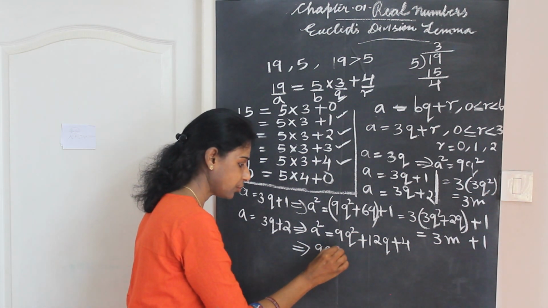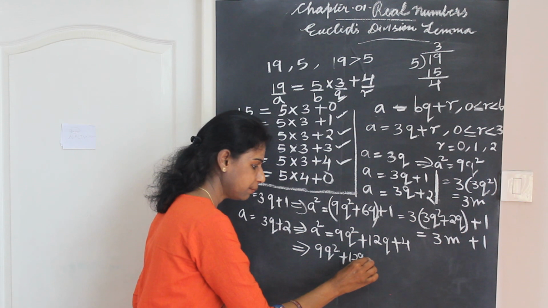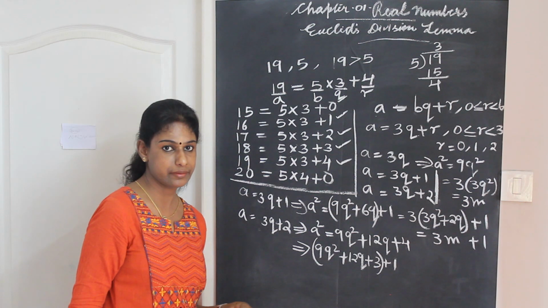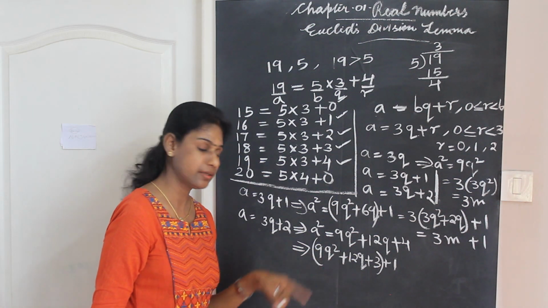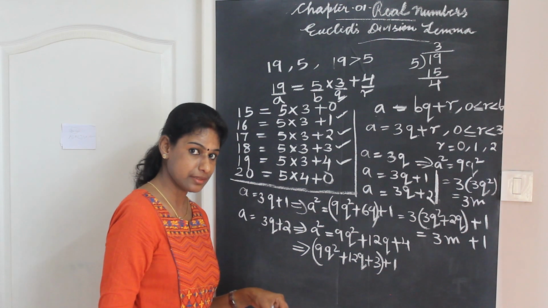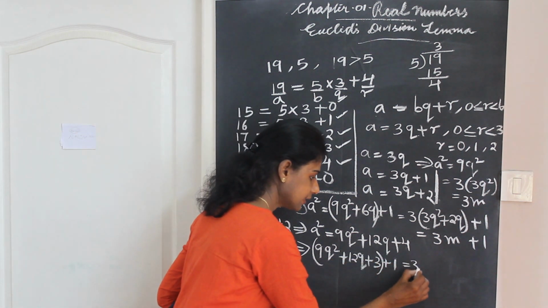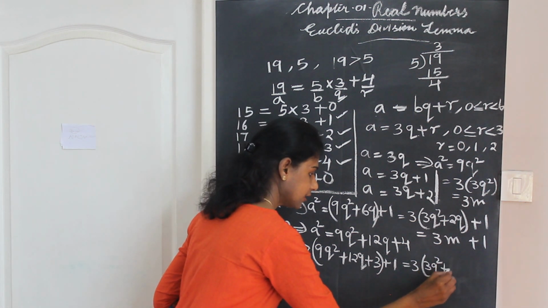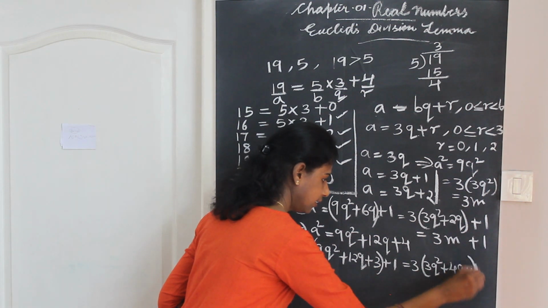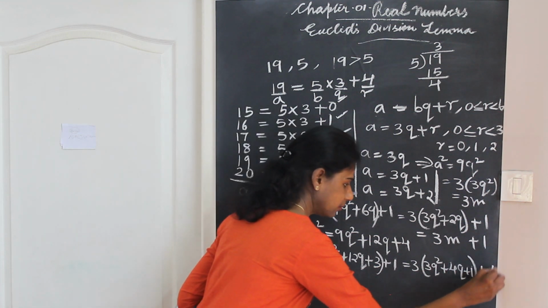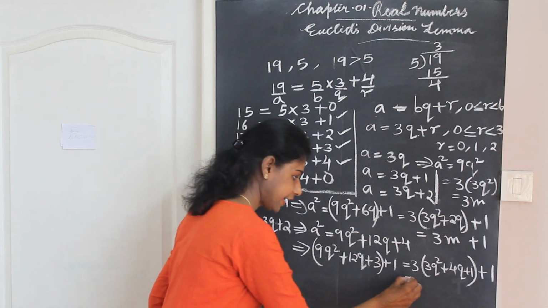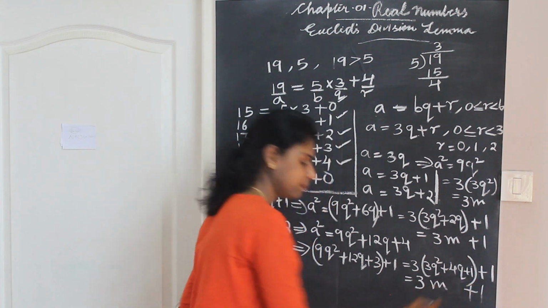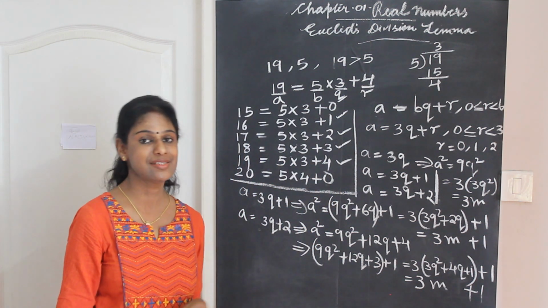So 9q square plus 12q plus 3 plus 1. Now put this much in a bracket and check that each and every term is divisible by 3. So take 3 outside, that is 3 into 3q square plus 4q plus 1, close the bracket, plus 1, which means again 3m or 3n plus 1. So a multiple of 3 plus 1.